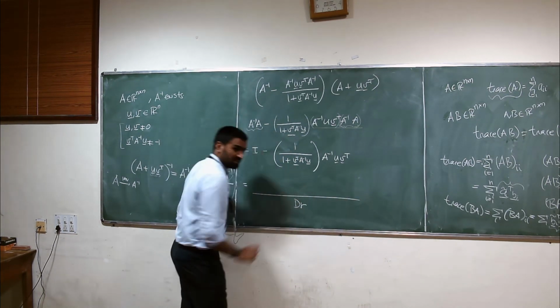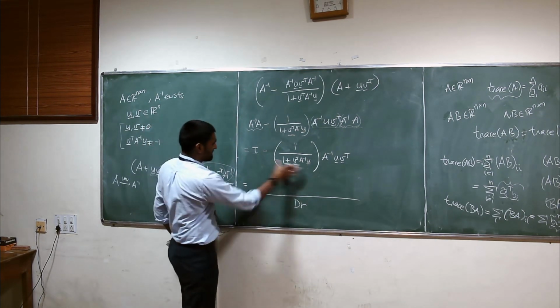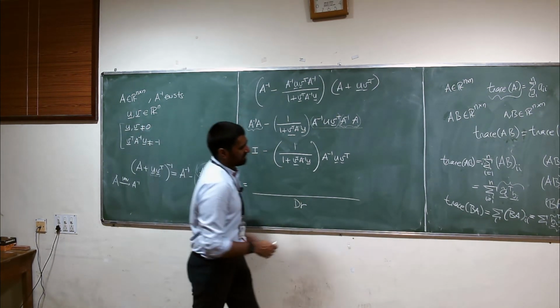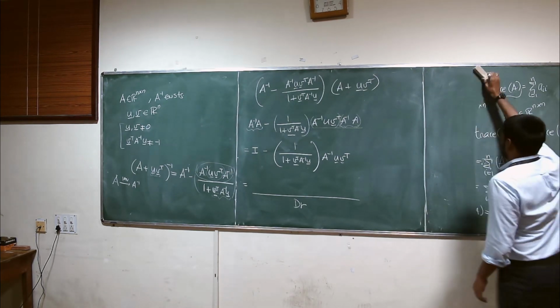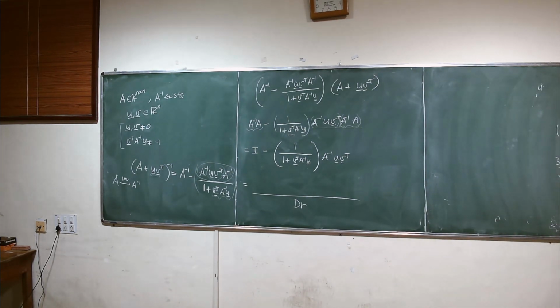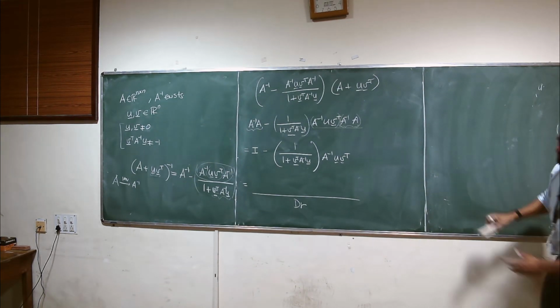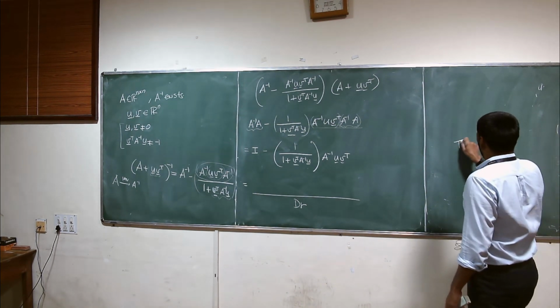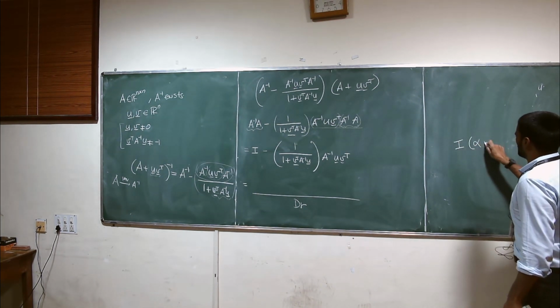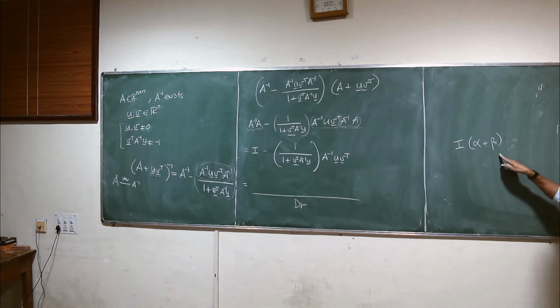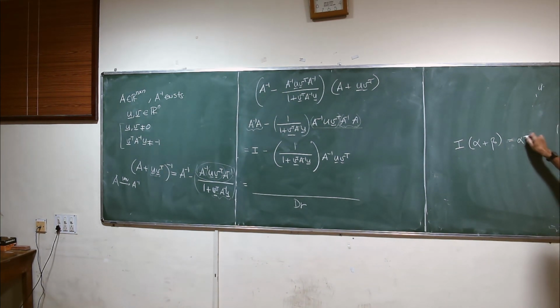I'll simply call it denominator, just multiplied by I. So if I have I and I multiply it by some scalar like this, what I get is alpha times I, the sum of two matrices.